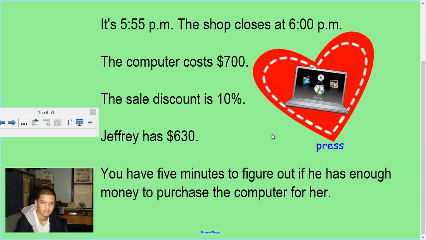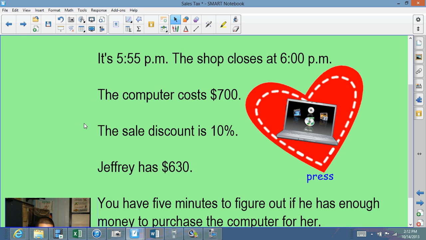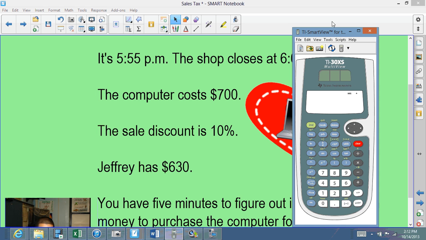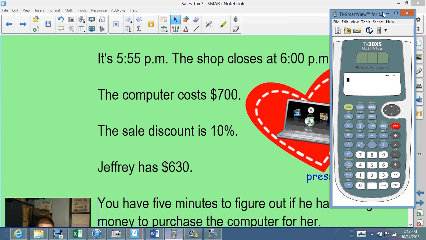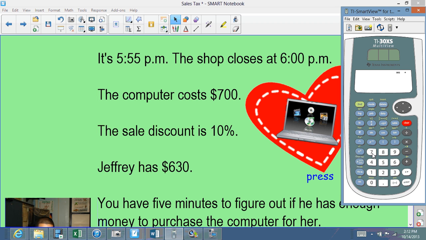Well, let's see what we got to do. Let's first figure out the discount amount that Jeffrey will get if he purchases the computer. So remember, discount amount is found by taking the price, which is $700, and multiplying it by the discount rate.